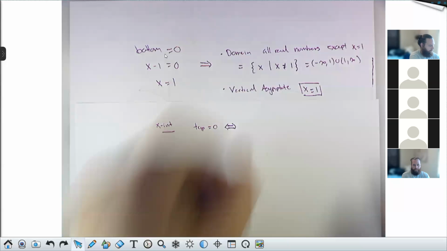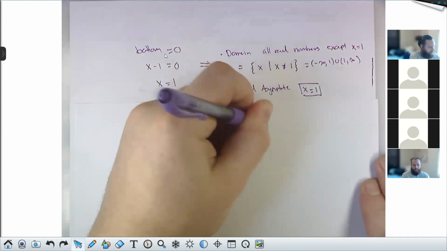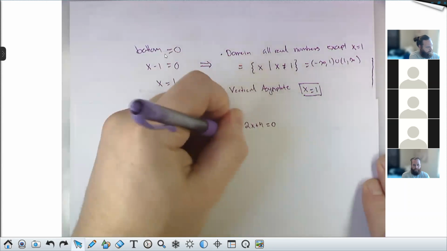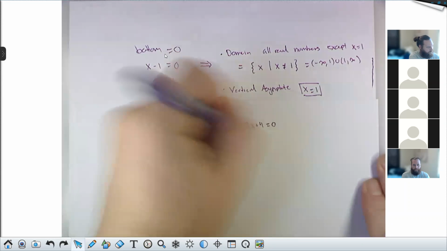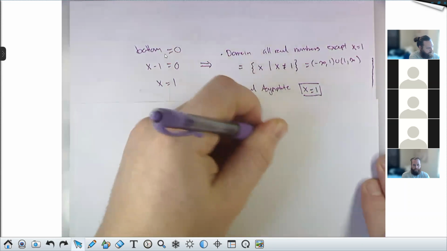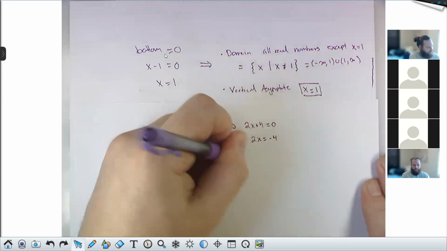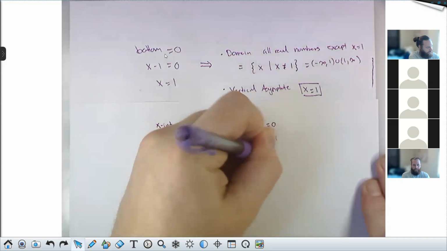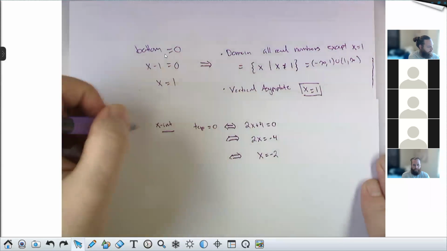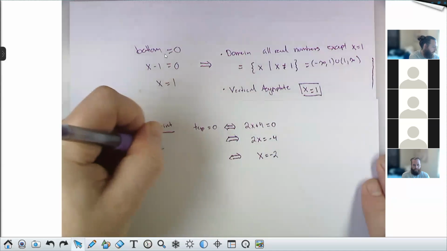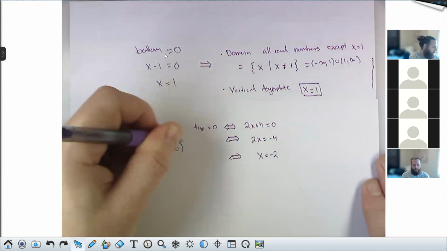Yeah. So if we solve this for x, we get 2x equals negative 4, and then dividing both sides by 2, x equals negative 2. So the x-intercept would be the point negative 2, comma 0.